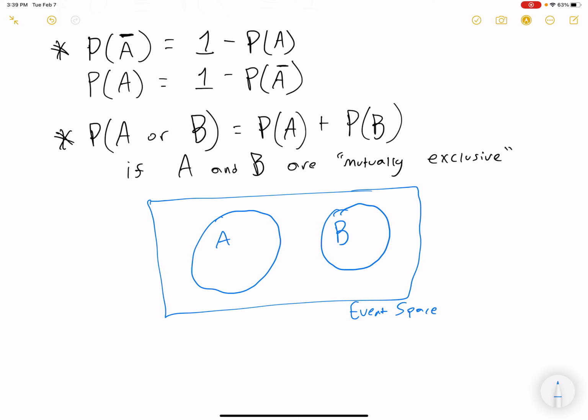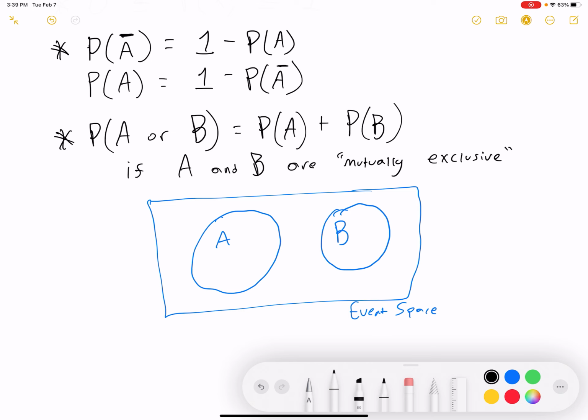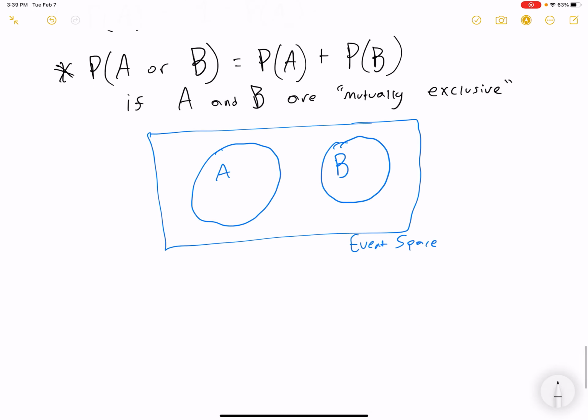You sum them up because out of the total amount of possibilities that you have, A or B is the amount of possibility for A plus the amount of possibility for B if there's no overlap, or in other words, if they're mutually exclusive.